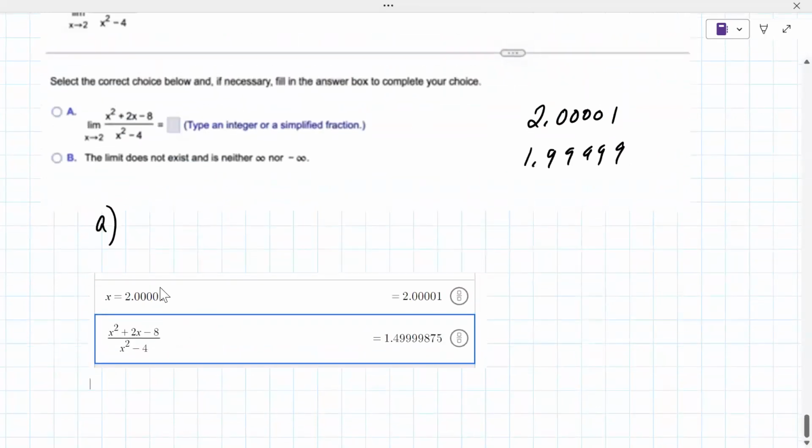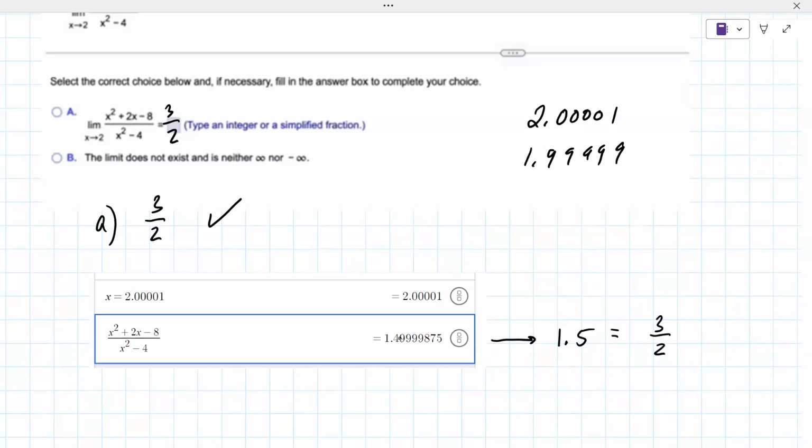So what I did is I put 2.001 in for X, and the answer was 1.499999875. What is this number really close to? 1.5. And then hopefully you'll recognize that that's a fraction, 3 over 2. And let's say A was 3 over 2, you would know that that's the correct answer.